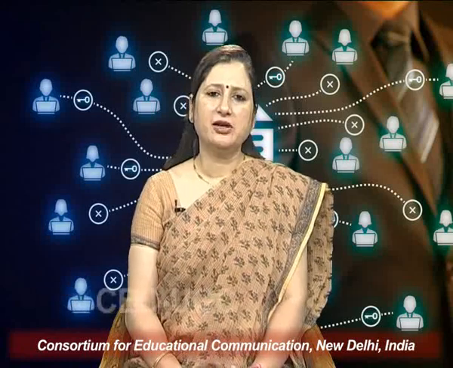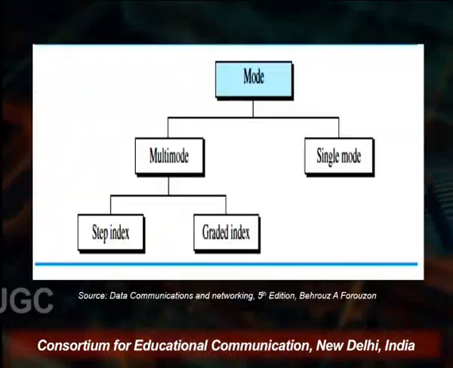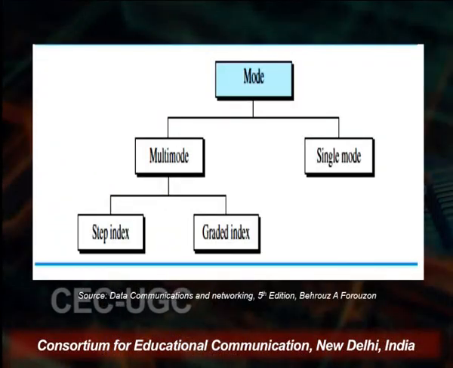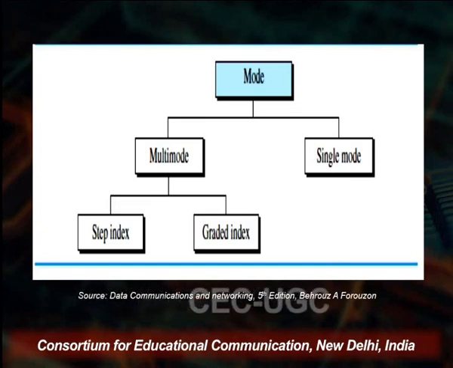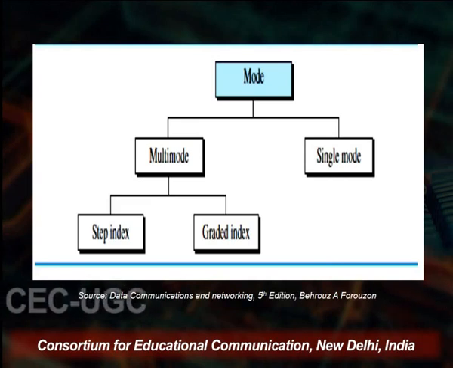Now, before we actually see the signal moving, we also need to understand the modes in which the signal will move inside the core, right. So, there can be two modes in which the signal moves inside the core. There can be a multi-mode and there can be a single mode.